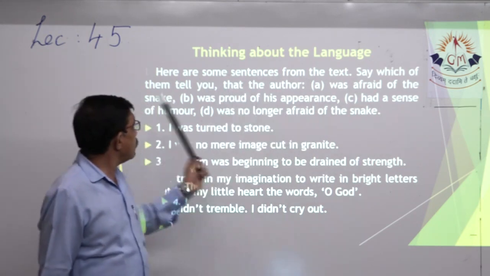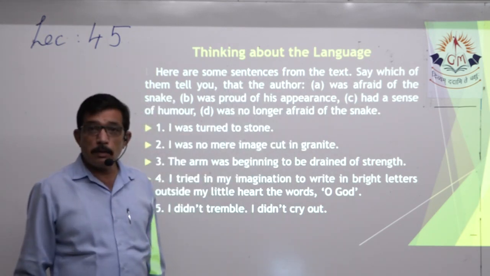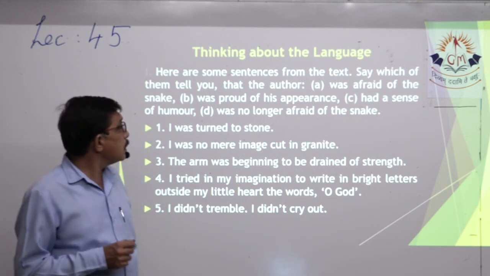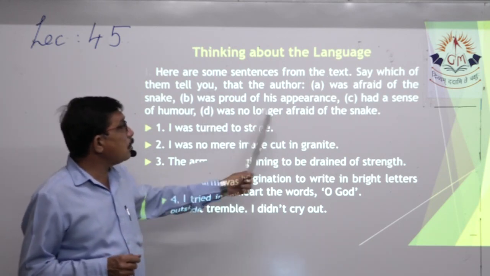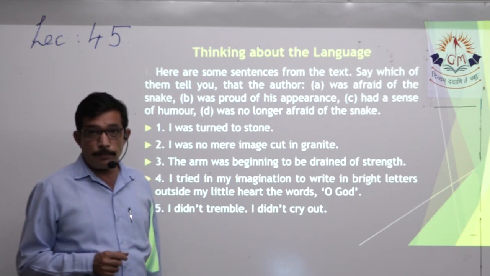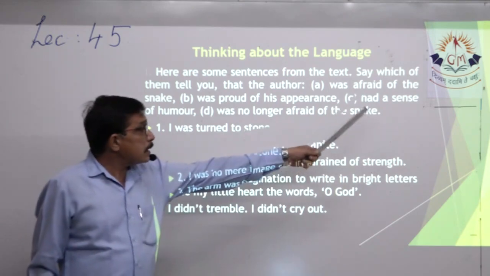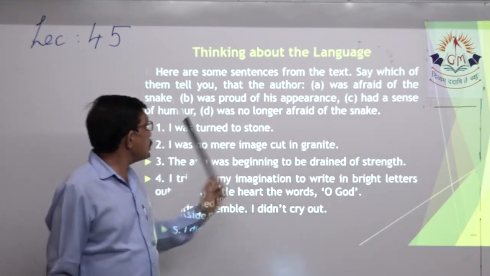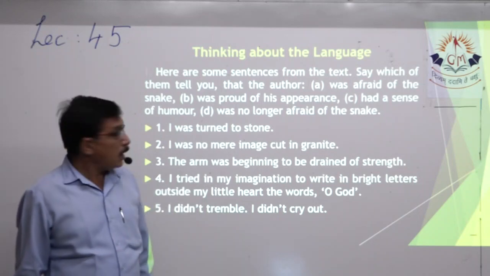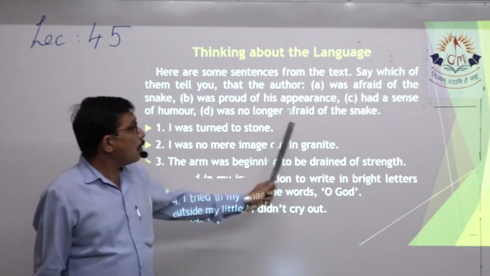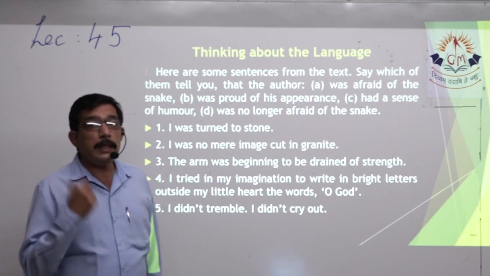Was he afraid of the snake? That is the first option. Second option is, was proud of his appearance. C is, had a sense of humor. Or was no longer afraid of the snake.